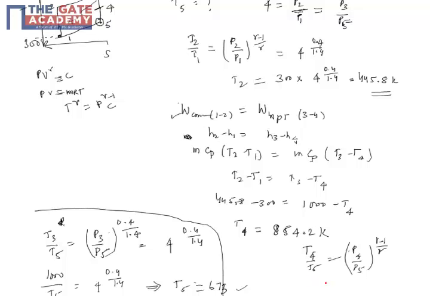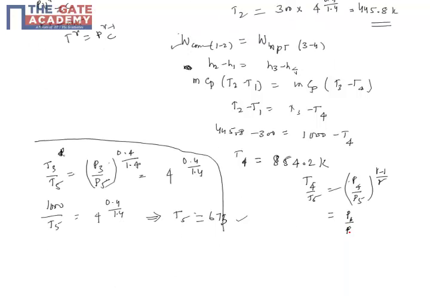From this, what you can do is write P4 by P5 as P4 by P3 times P3 by P5. P3 by P5 is again 4, and P4 by P3 is something which you already got. So this is a bit complicated, I would say.